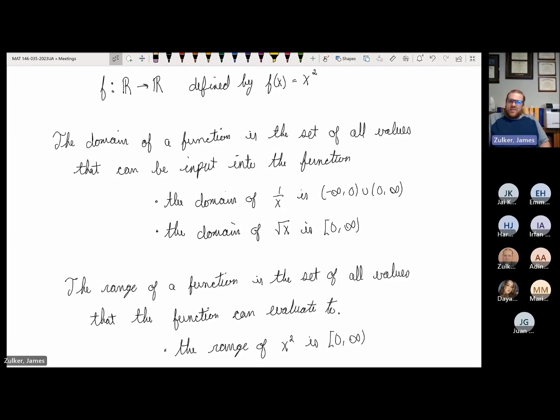So the range needs to be a subset of your codomain, right? All the numbers from 0 and up, they're real numbers. Right? So that would be a subset of all real numbers. That is a very important distinction. However, we will not be working with codomain in this course. We will strictly be working with range only.